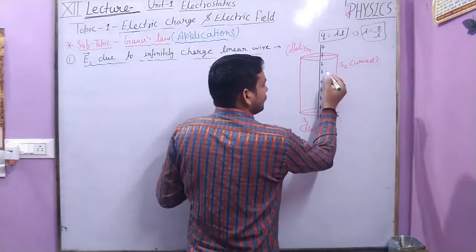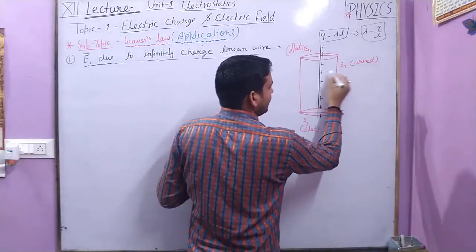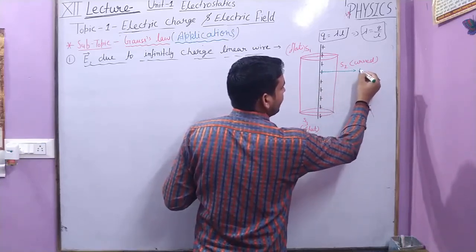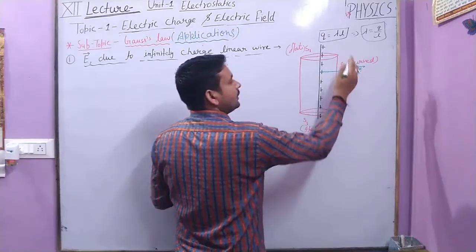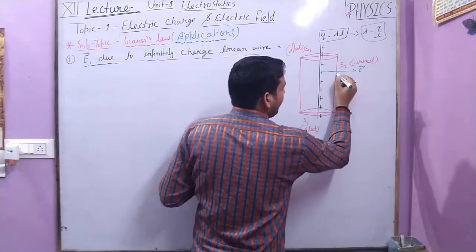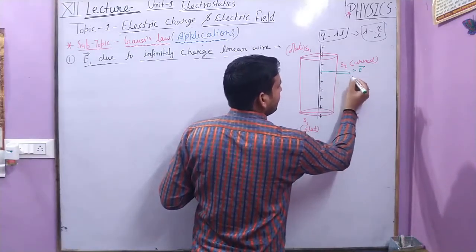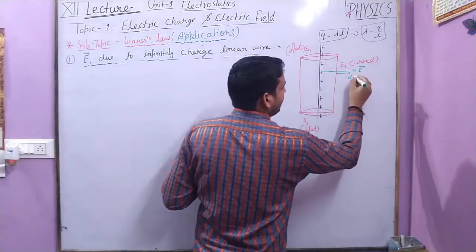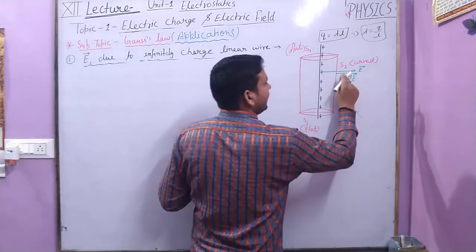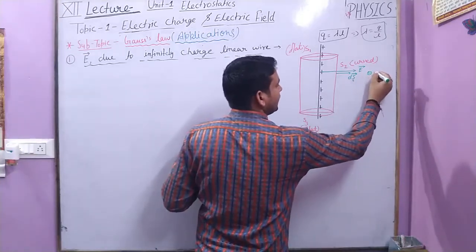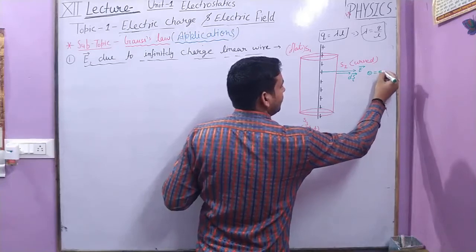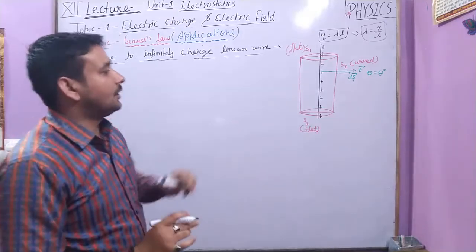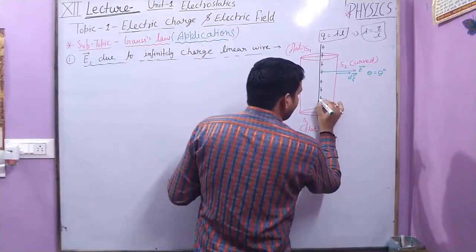Now, as you know, the electric field passes outward from the positive charge. This is the direction of electric field for surface S2, and at that point the direction of area vector is again in the same direction, so you can use theta equal to 0 degree at every point on the curved surface.